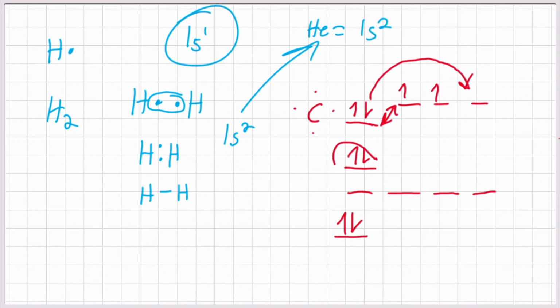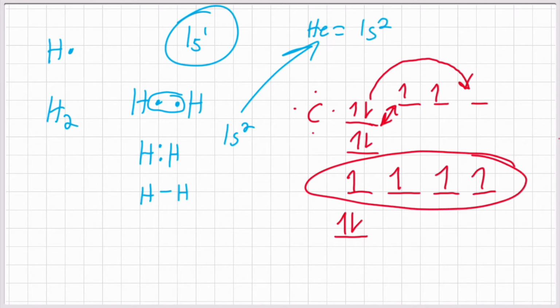Those are 4 equal energy levels, and then the electrons actually fill with 1, 1, 1, and 1 electron. This is the valence shell. Those are the valence orbitals, the second energy level for carbon. So that's why carbon is drawn like that.